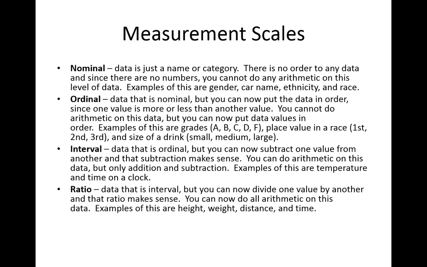We can compute an average on that, and it makes sense. The average time it took for the participants to complete their run. But I think what clicks with me more than what's given here is that you can now divide one value by another and the ratio makes sense.